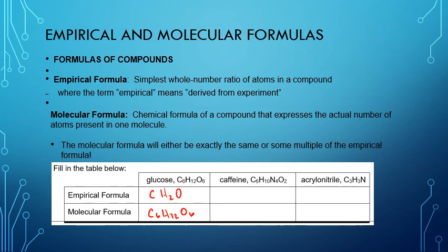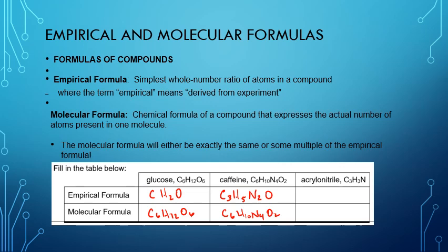When I look at caffeine, I have C6H10N4O2. That is the chemical formula, molecular formula. Hopefully you notice with each of these numbers, they are divisible by 2. So I would have 3 carbons, 5 hydrogens, 2 nitrogens, and 1 oxygen.